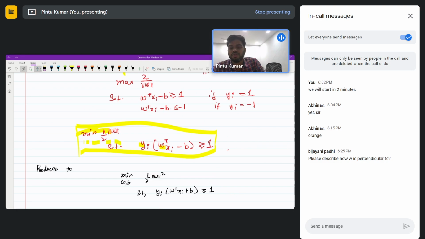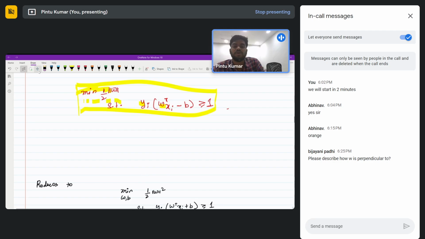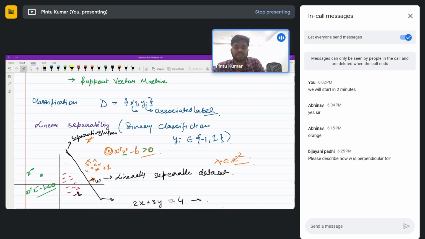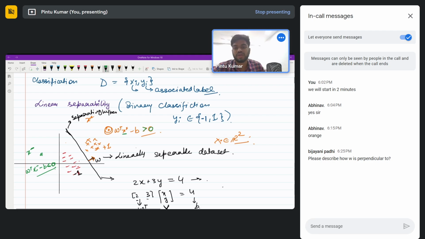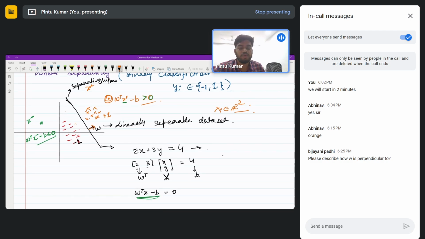Okay. W is not a point. W is your parameters for your support vector machine. I'll motivate this answer by this example. Here you had a line that was separating these two classes, right? Then W was the coefficient of your line.